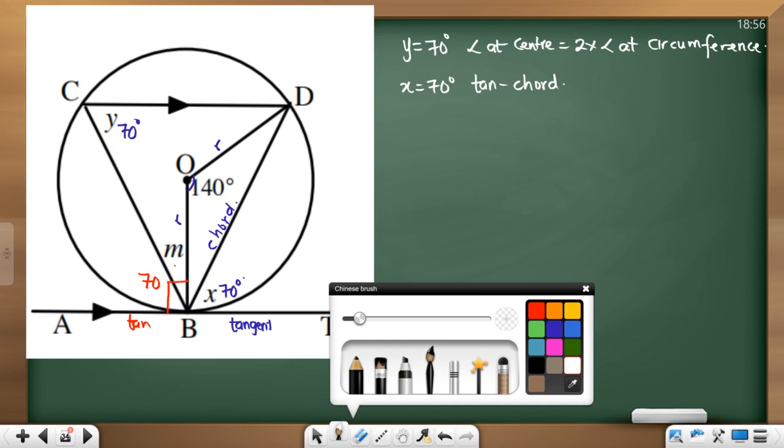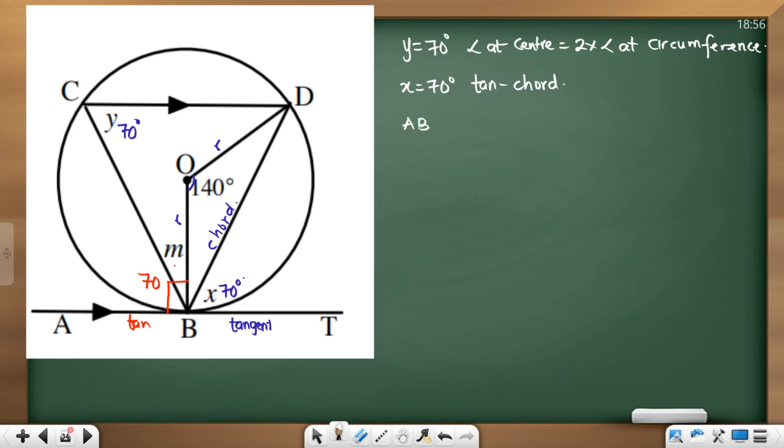Beautiful connection. So let's start by saying ABC is 70 degrees. Alternate what? Angles. But don't just tell us alternate angles.